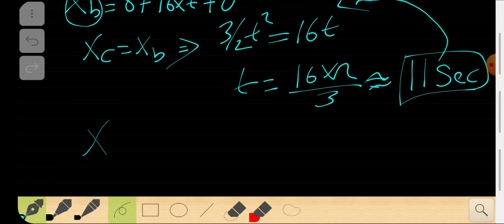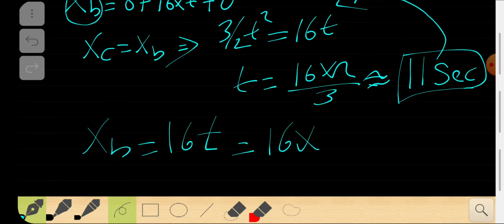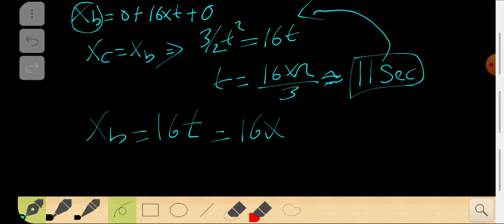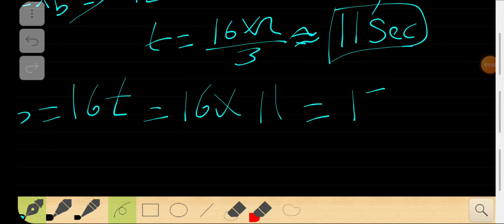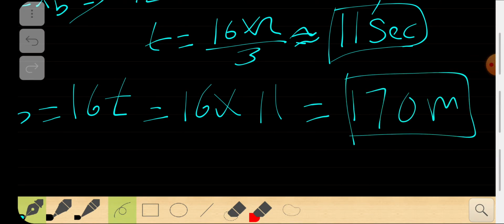I'm taking xb, which is 16 times t, so 16 times 11, which is around 170 or 175 meters or something like that. You can actually calculate it yourself. Anyway, this is the approximate distance it is going to travel, and that's the time taken.